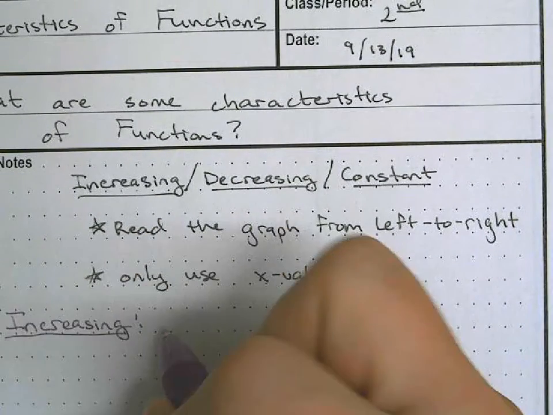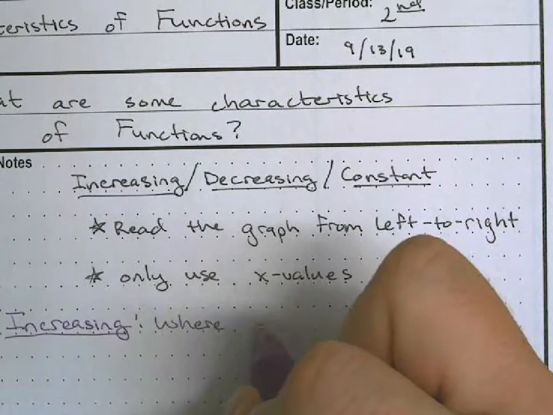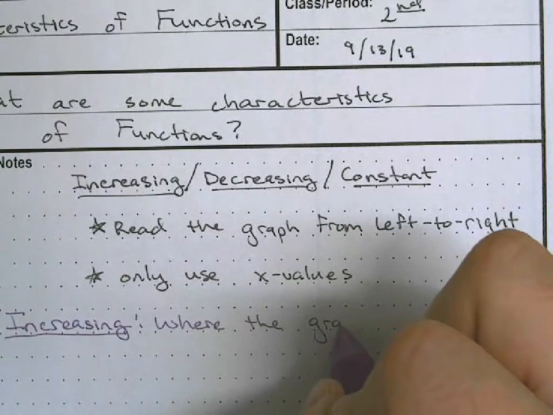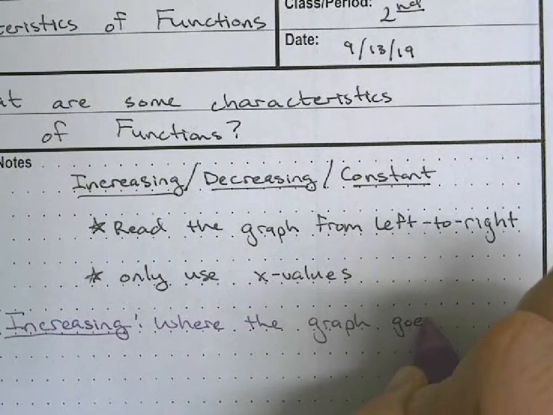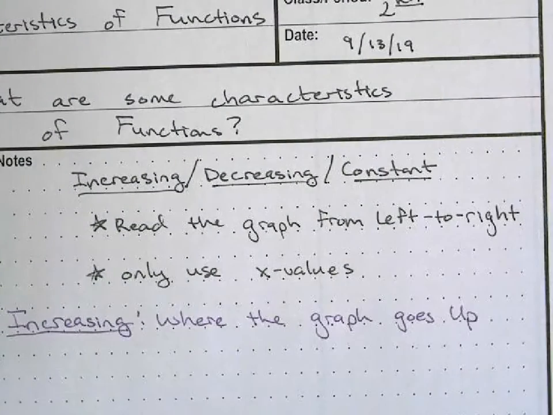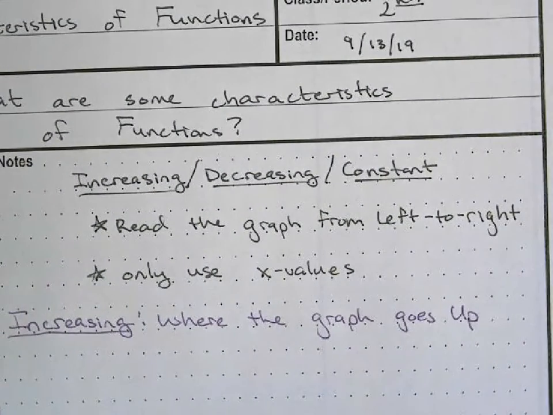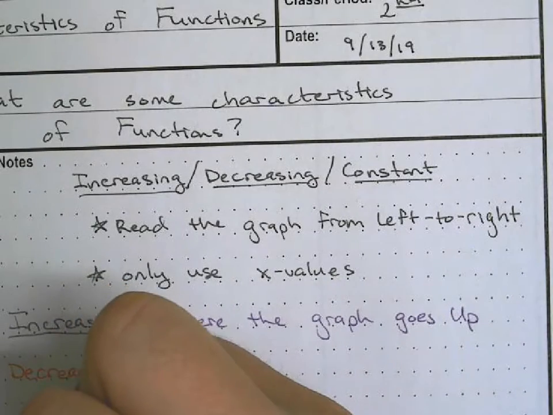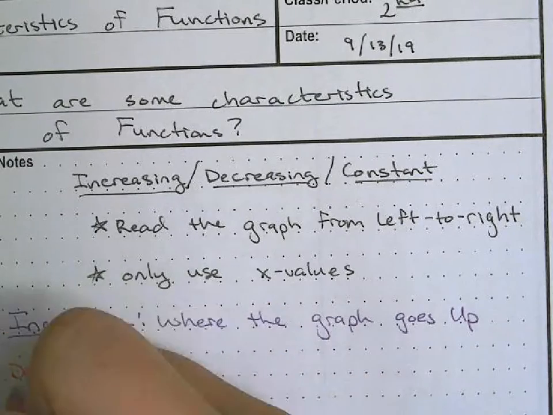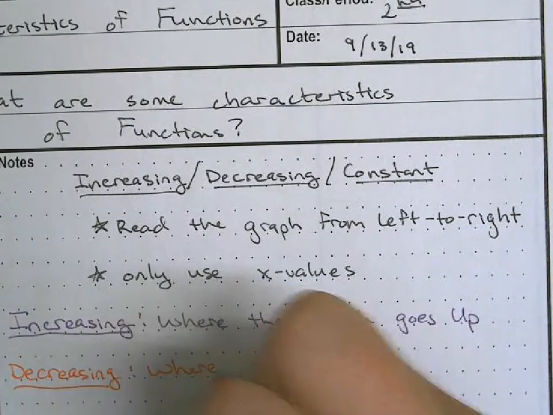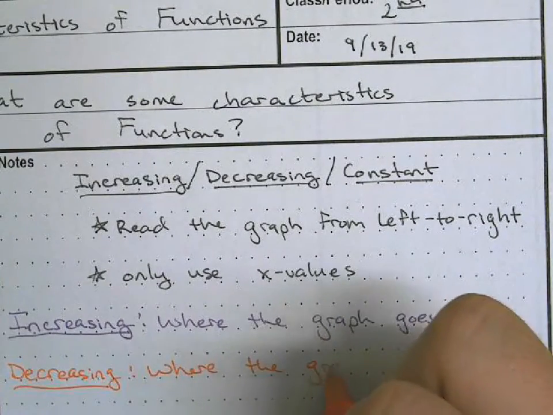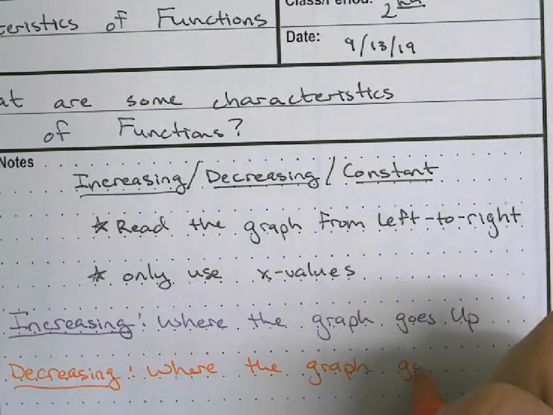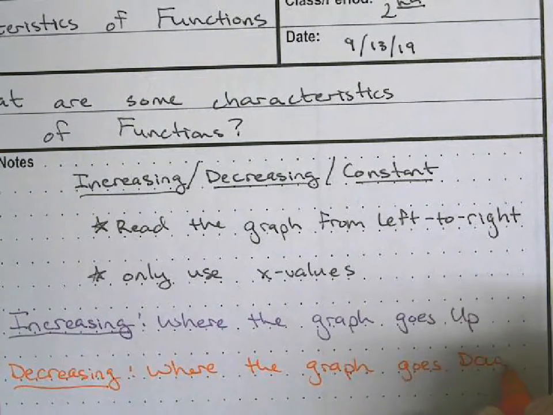Increasing, where the graph goes up. Decreasing is where the graph goes down.